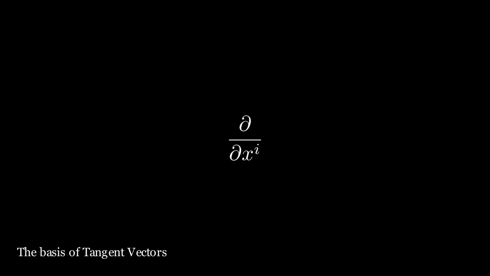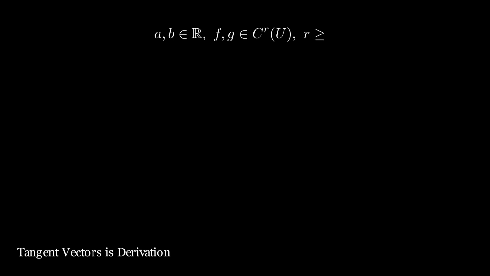The basis vectors of the tangent space are given by partial over partial x^i. Finally, let's denote C^r(M) as the set of all C^r class functions on M. Then X forms a vector space over the real numbers R. Let's verify the following for a, b in R and f, g in C^r(U).